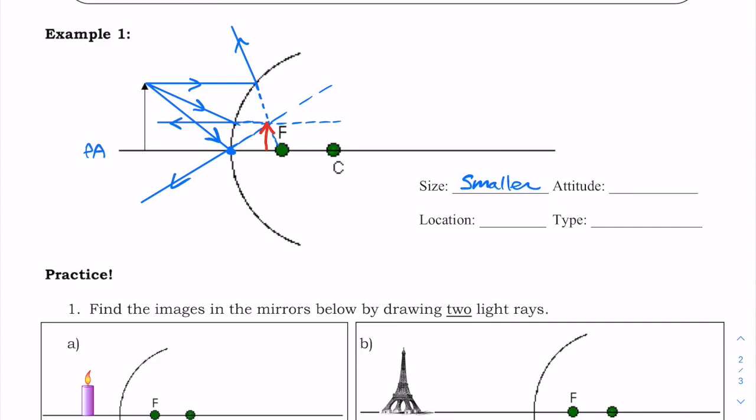As for the attitude, it's upright. It forms behind the mirror. And you know that anytime something forms behind the mirror, the light appears like it's coming from a location, so that would be a virtual image.